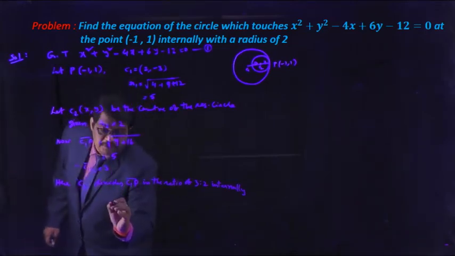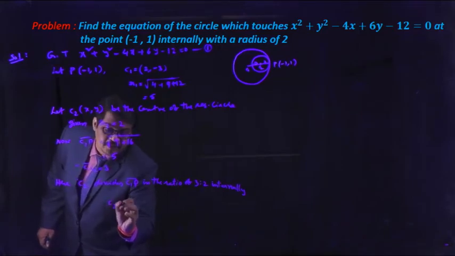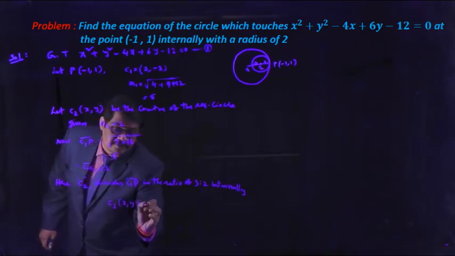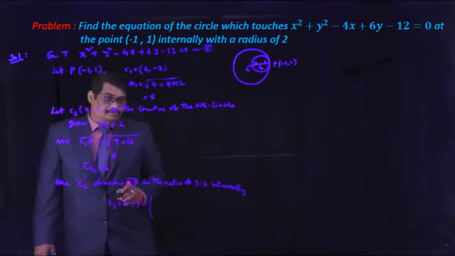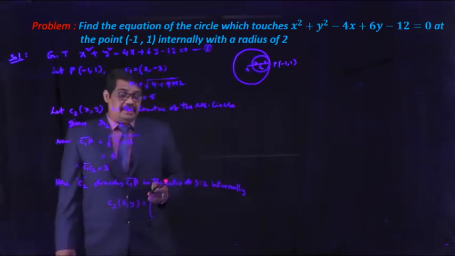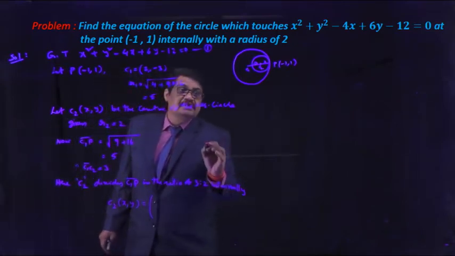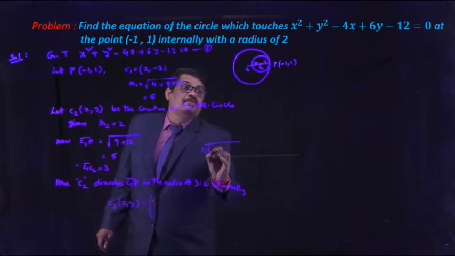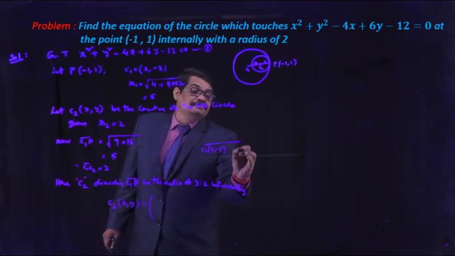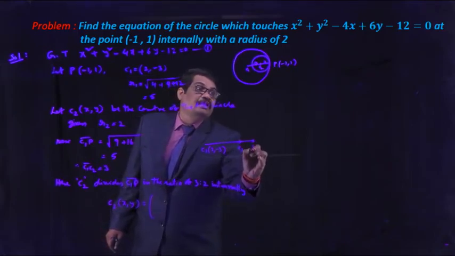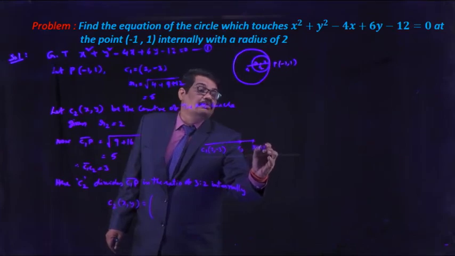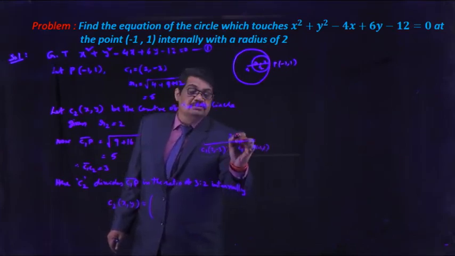Okay, here C2 has coordinates x comma y. What is the ratio formula? That is mx2 plus nx1 by m plus n. Here C1 is the point 2 comma minus 3 and this is C2 and the point P is minus 1 comma 1. The ratio is 3:2.